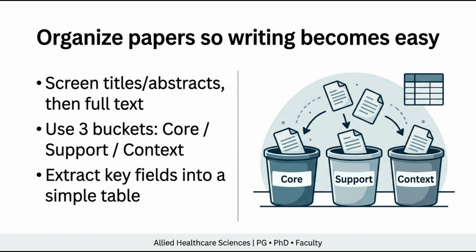Context papers include guidelines, India-specific policy, or background prevalence. Then extract key fields into a simple table. Once extraction is done, writing becomes assembling themes rather than struggling with PDFs.